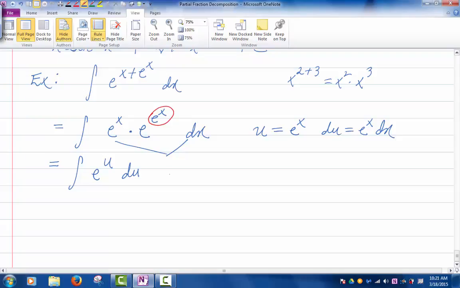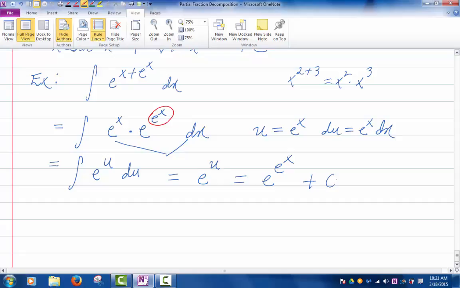You get e to the u, and then the factor e to the x together with dx will become du. And now you just say, well, this is what? E to the u itself, and then I should add a c at the end. Okay? Is everybody okay with that? At the beginning, when you look at the integrand, it looks a little bit bad, but it's actually not too bad, right?